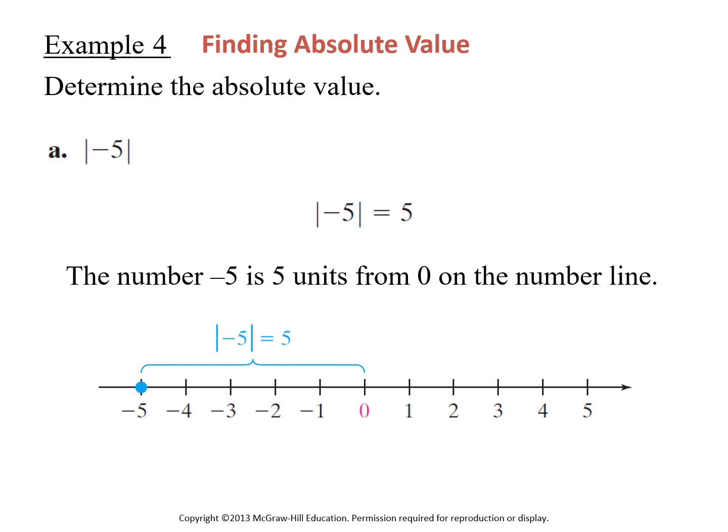And if we look on the number line, here's -5, here's 0, and it's 5 units from 0. Distances are always positive. When you take a tape measure and you measure something, you'll never see a negative number on a tape measure. So because absolute values are distances, they will always be positive.